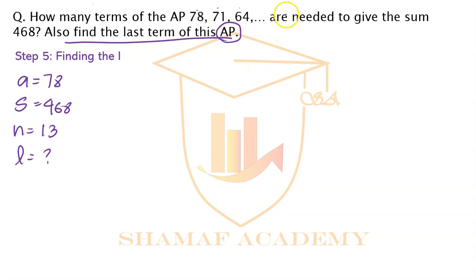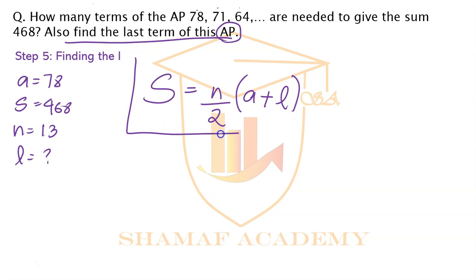We have to find out what is the last term, and thanks to mathematicians we have a formula for that, which is also in our textbook, which is S equals n by 2 multiplied with (a plus L) in the bracket. This is our formula, and I want you to pause the video and please substitute the values that have been given on the left to you.